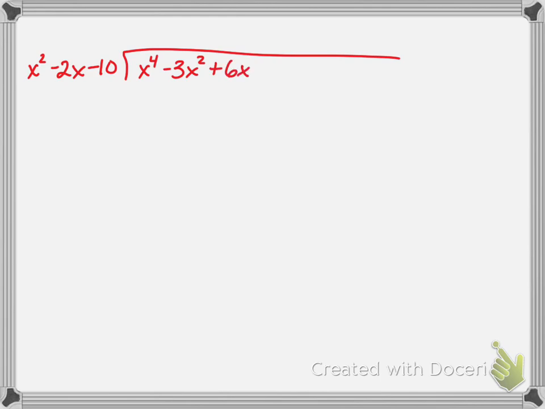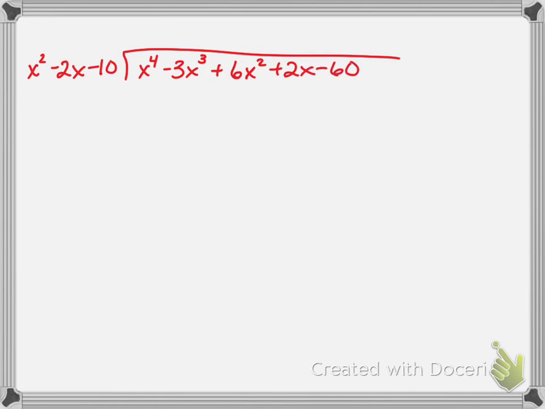So we're going to set it up, x squared minus 2x plus 10 divided into our original polynomial, x to the 4th minus 3x cubed plus 6x squared plus 2x minus 60.